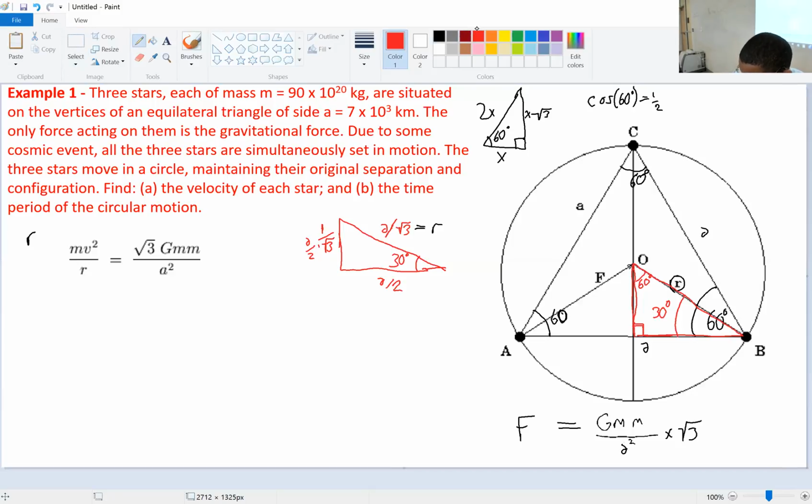Mass is here, we can go ahead and cancel. Let's go ahead and multiply both sides by R. And then we got the velocity squared.